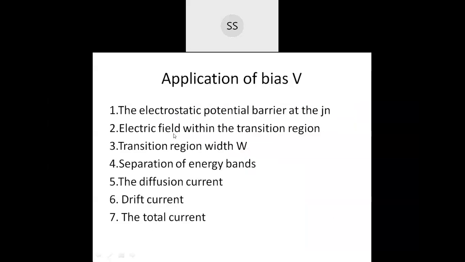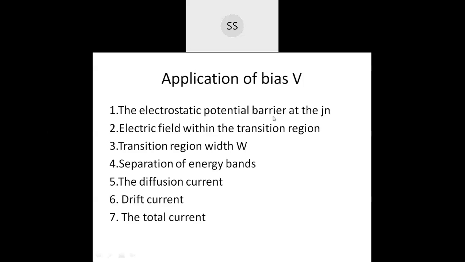Now starting the qualitative description of the current flow at the junction. Even in the previous introduction I had told you that whenever an external voltage V is applied across the junction, it is assumed that the applied voltage V appears across the transition region rather than the P type and the N type regions.